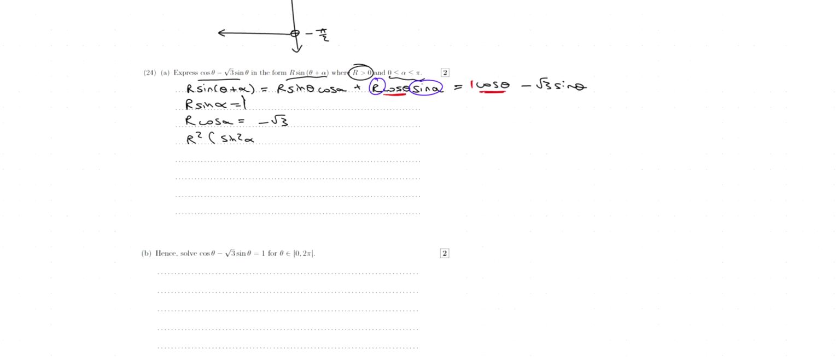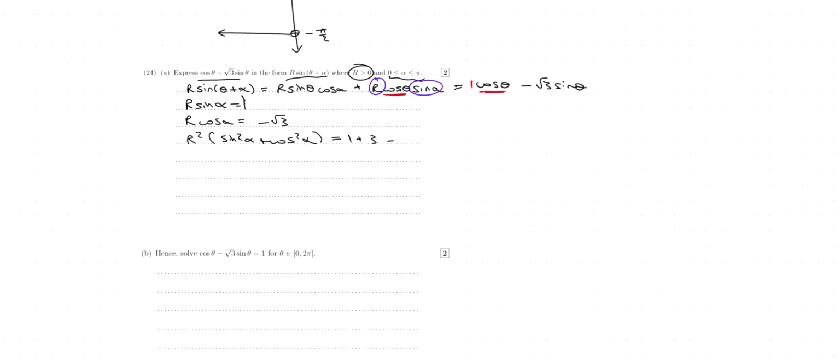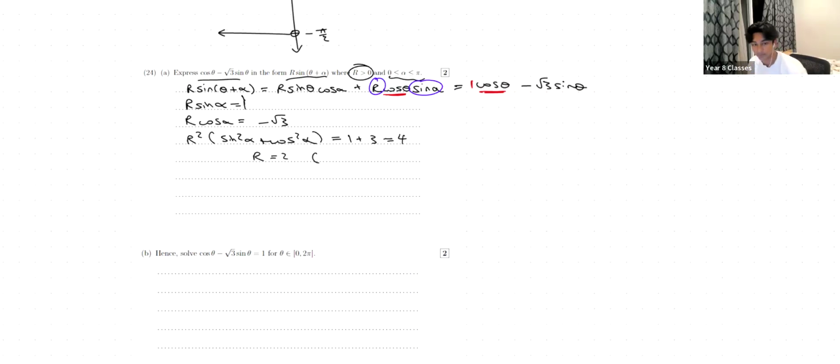Then squaring 1 squared and minus √3 squared, that'd be 4. So r would be 2. Why not minus 2? Because r has to be positive. Just don't forget to write that.